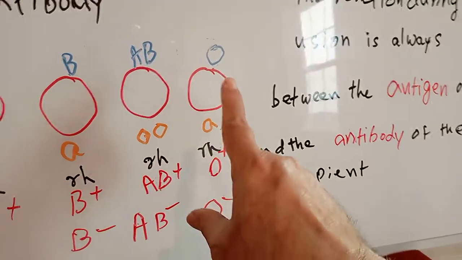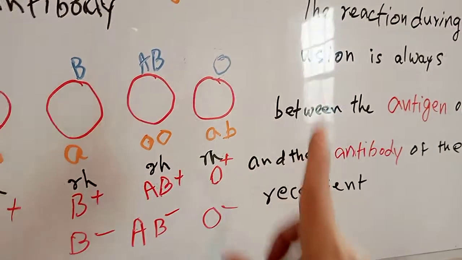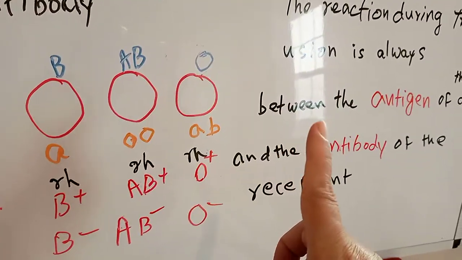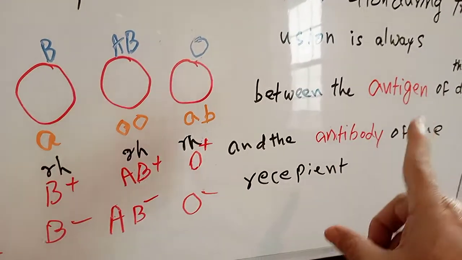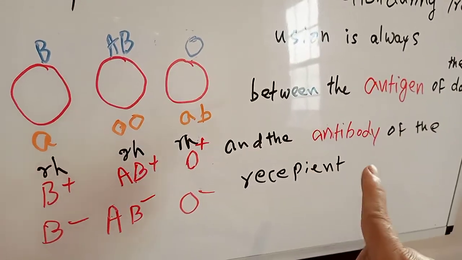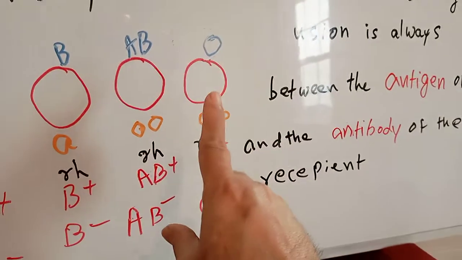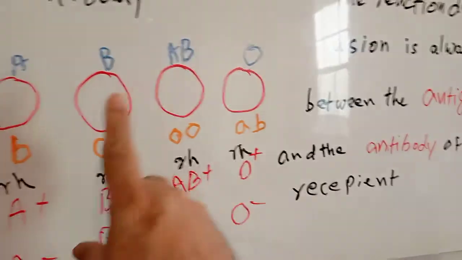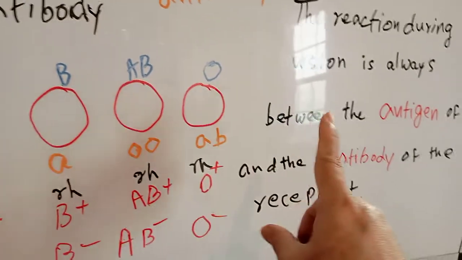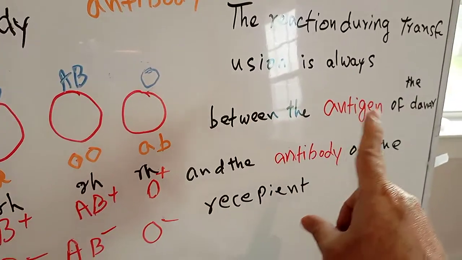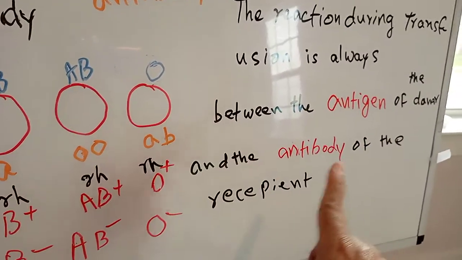But regarding O, it has no antigen, and I repeat my golden rule of blood transfusion. This is always between the antigen of the donor and the antibody of the recipient. Now we want to give O to other blood groups. Now O is the donor, and the reaction is always between the antigen of the donor and the antibody of the recipient.